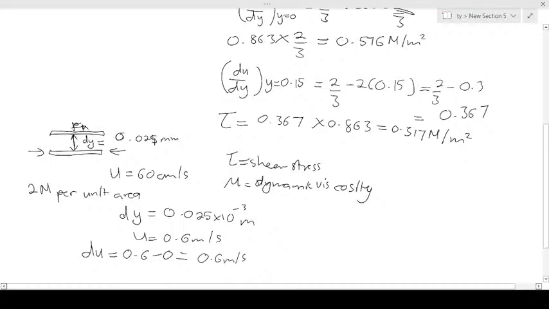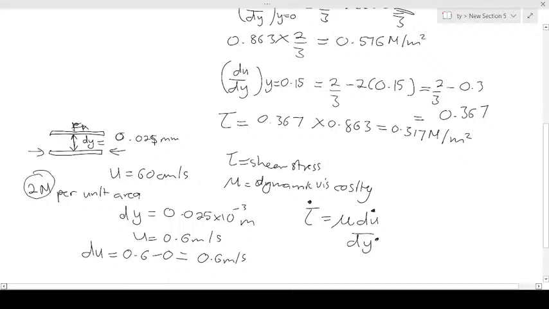So now let's start solving. We know our formula is this, and what do we have? We have our tau, we have our du, we have our dy. So that means now we can find mu. And our tau, since it's in pressure, which is Newton per meter squared, this is our tau.